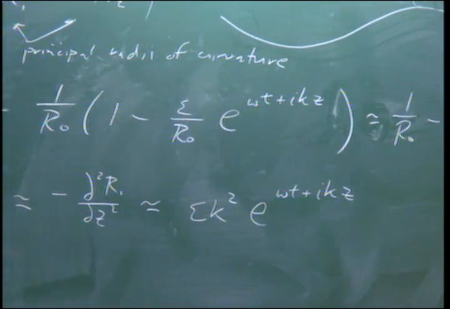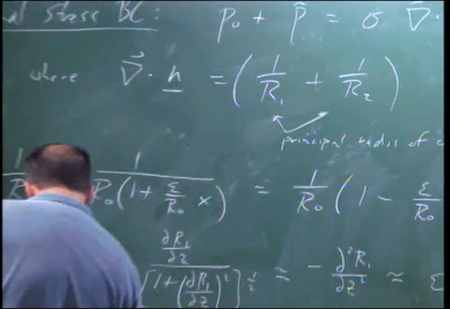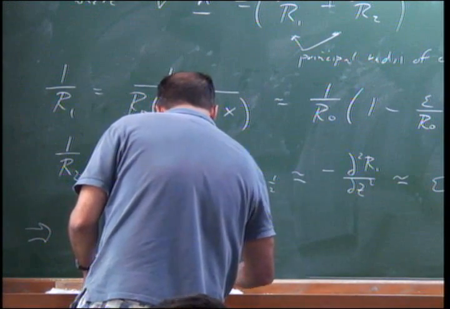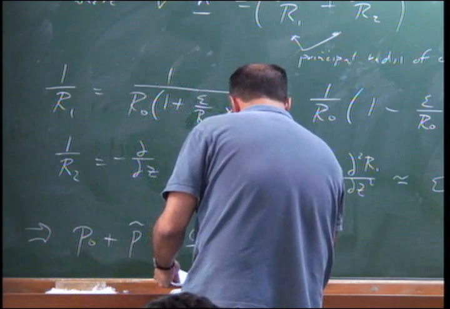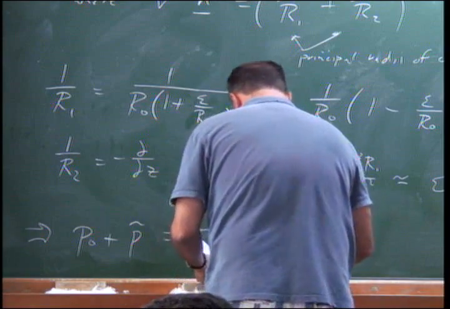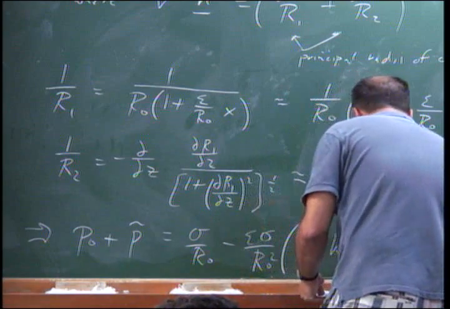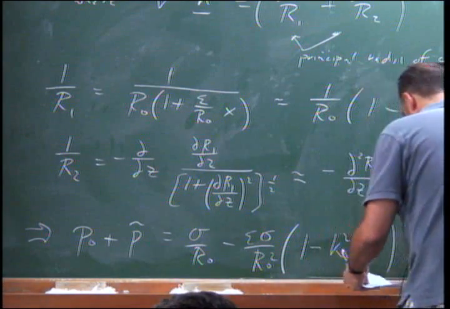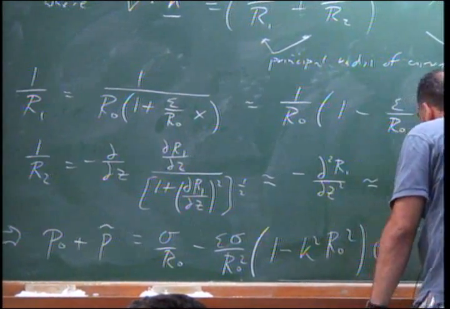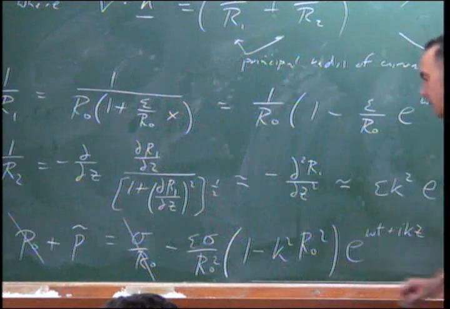Okay, so if we substitute in here now, we get... okay, and this cancels because that's the zeroth order balance.